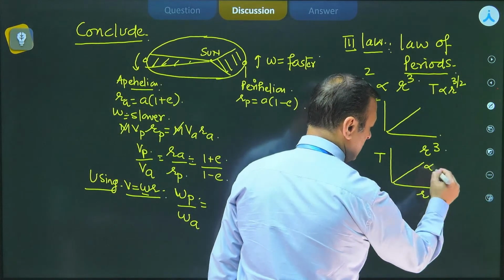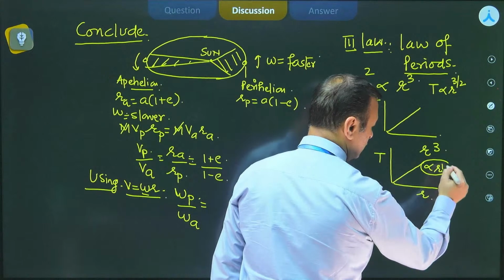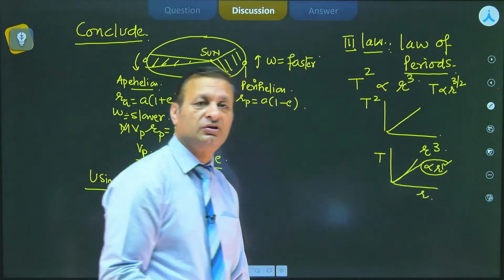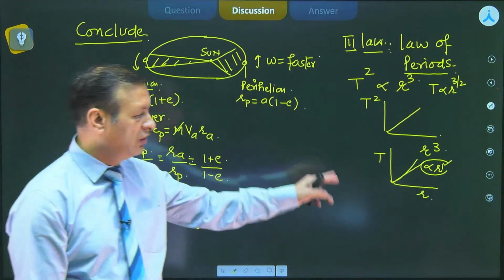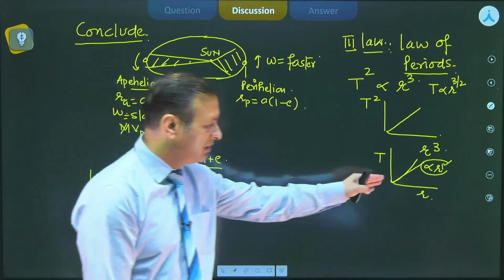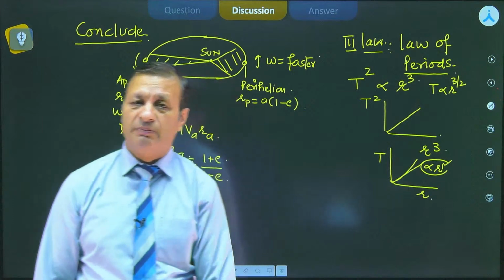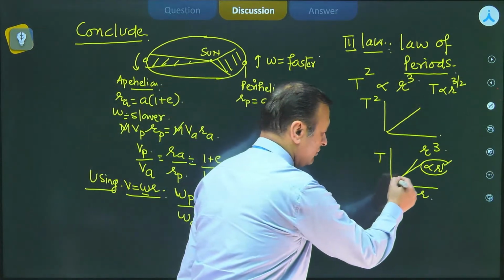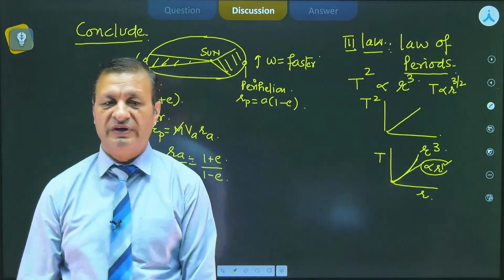Straight line is when you have direct proportionality. The moment this power increases, the graph will turn towards this side. So this graph will not be a straight line, rather this will be a slight curvature moving slightly upward. That is, with respect to the straight line, it will be somewhere on this side. Do we understand?